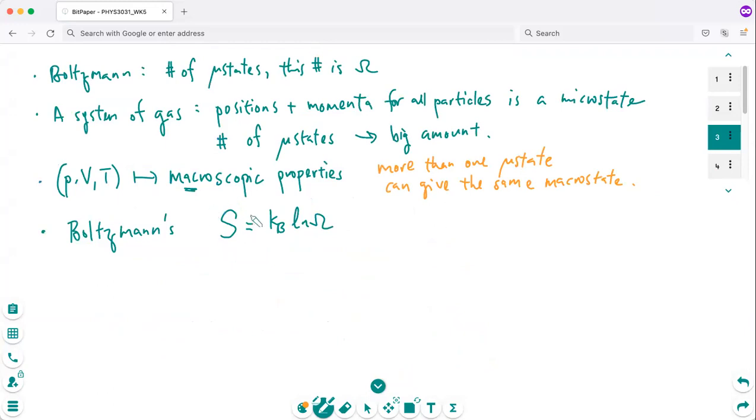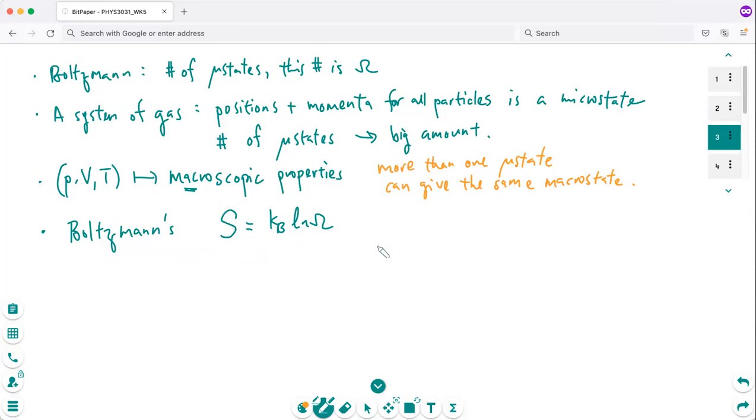This entropy is an extensive variable. We had better formulate this in a way that allows us to add entropy. So if I have the entropy of a system that I can subdivide into two subsystems, I know the entropy has to sum. So I will have S1 plus S2 equals total S, and that must be allowed.